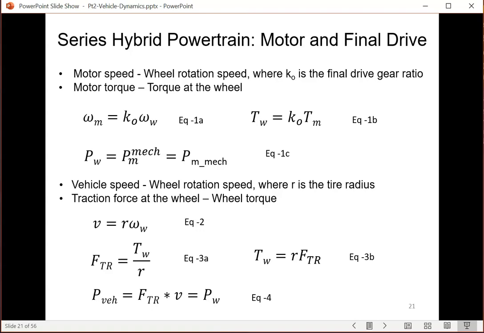We are ignoring small losses there. So these are the equations from equation 2 to equation 4 that define the relationship between forward motion and rotational motion of the wheels. Equations 1A to 1C define the relationship between the motor and the wheels. So that's motor, wheels, and forward motion.